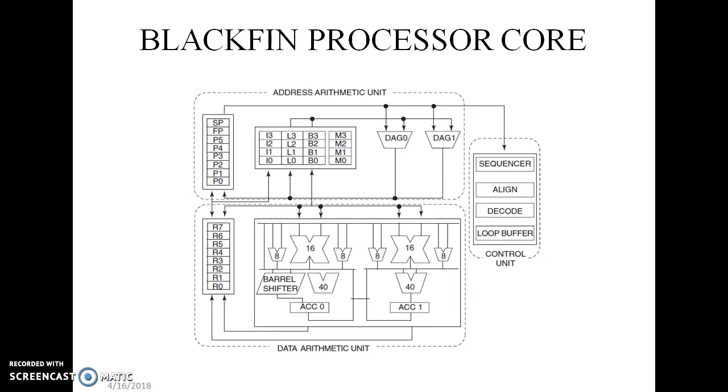In the data arithmetic unit, we have two 16-bit multipliers and 8-bit ALUs. Then accumulator 0 and accumulator 1 and barrel shifters, and R0 to R7, totally 8 registers for storing data. The control unit consists of the program sequencer, alignment and decode, and loop buffer for storage purposes.